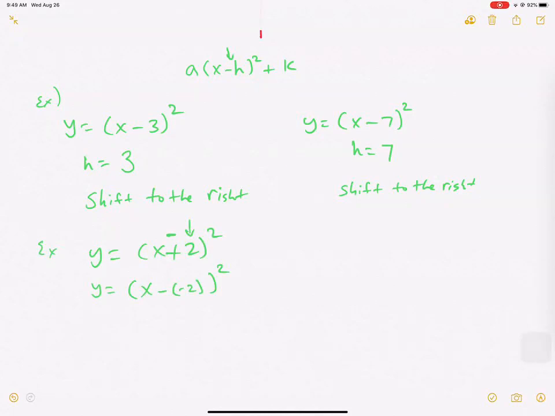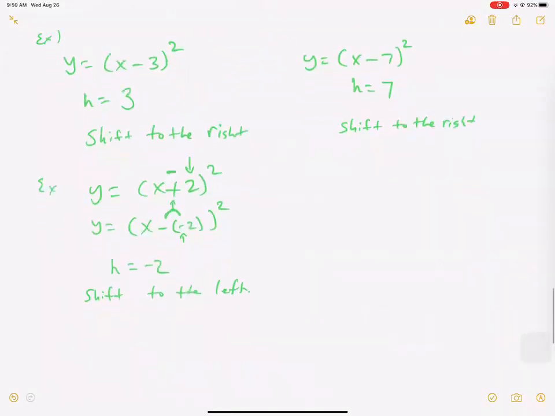This is the expectation that you put a negative so that when you mix a negative and negative together, you end up with a positive here. So if we end up with a positive inside the parentheses, that means the h value is going to be negative. And this is a horizontal shift to the left.